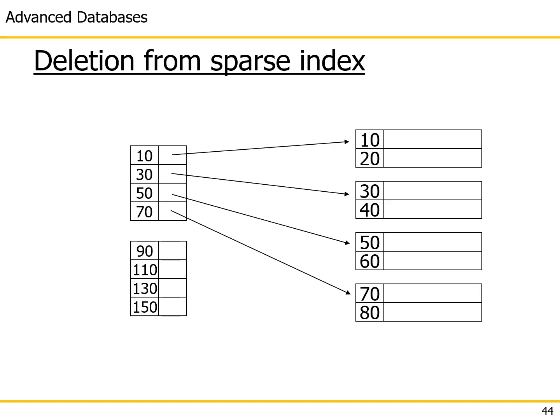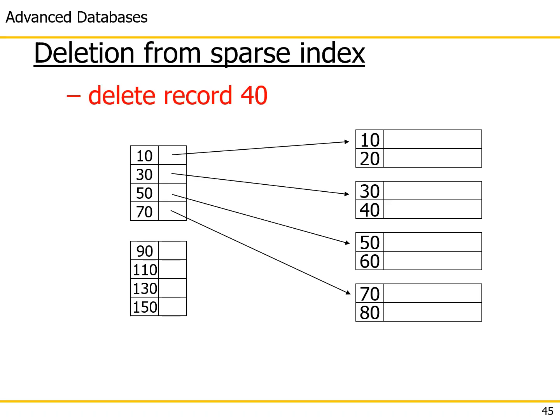But just to illustrate my example here, I'm going to use a sparse index that only skips a few values. So it's skipping 20 and 40 and 60 from the page. So it's basically picking one value and leaving the other. Let's say we would like to delete. What is the impact of deletion?